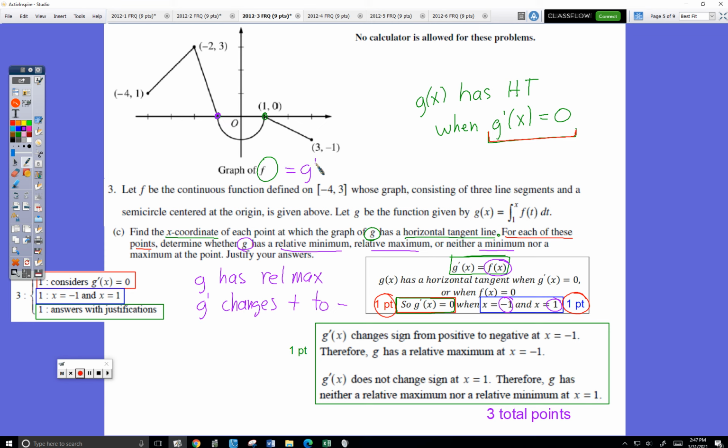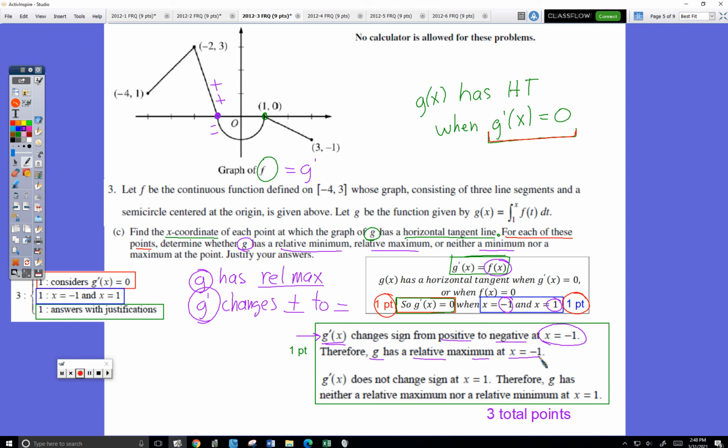Those values are changing from positive to negative. That means at x equal -1, G has a relative max because G prime changed positive to negative. That's what's written here. G prime changes sign from positive to negative at x equal -1. Therefore, G has a relative max at x equal -1.